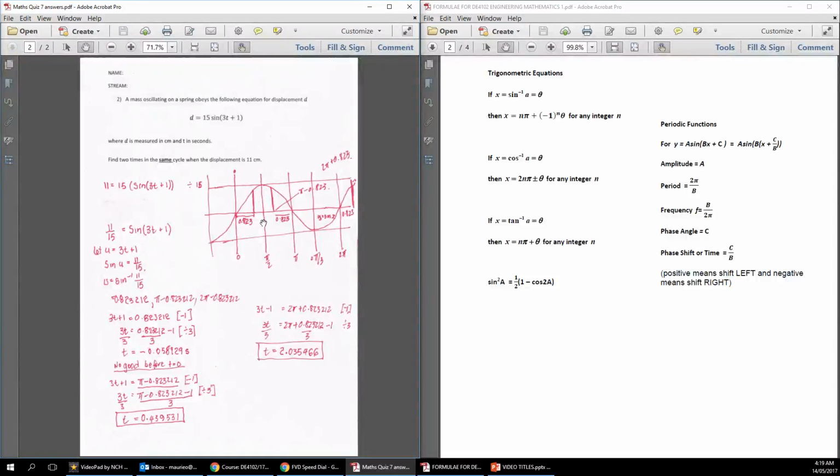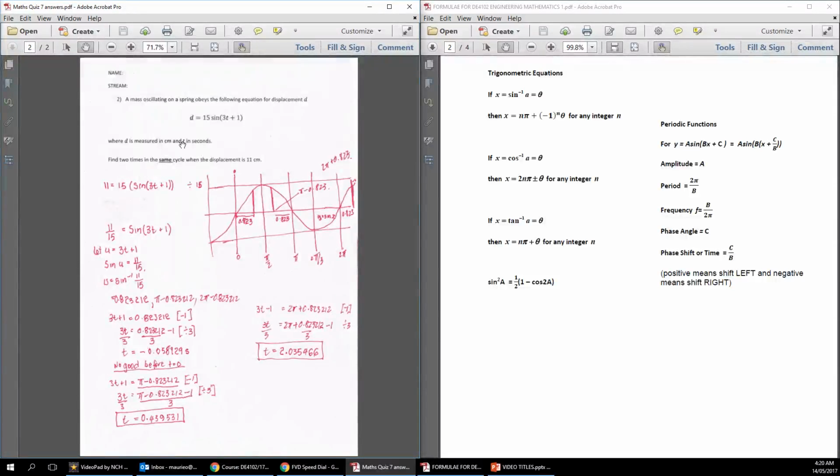So looking at a sine graph, the first thing we do is we use the formula and we say, well, 11 equals 15 sine 3t plus 1. All right. Then we've got to manipulate the formula a little bit, because we're trying to work out times.